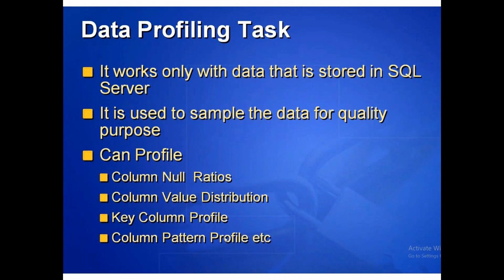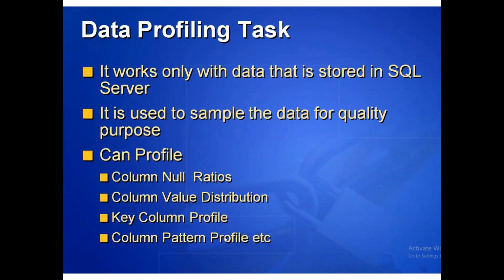So when you create a profile on that, it is going to create some suspect. Before loading into the destination, this task is going to check how many rows or what percent of data is available for this particular column.